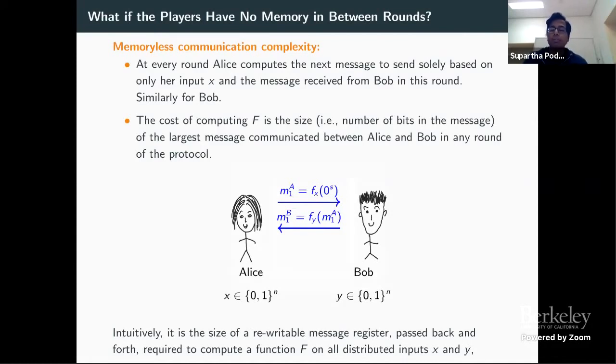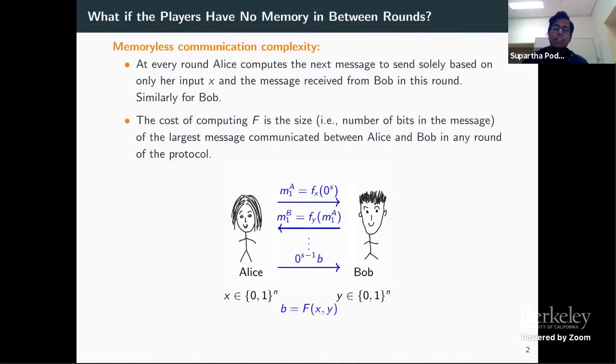They keep on doing this, and at some point we need to stop somewhere. So we say that if any player receives a message which looks like all 0 with a trailing b, they output b. And we want this b to be the function value f of x, y, and we need this to be true for all possible x and y.